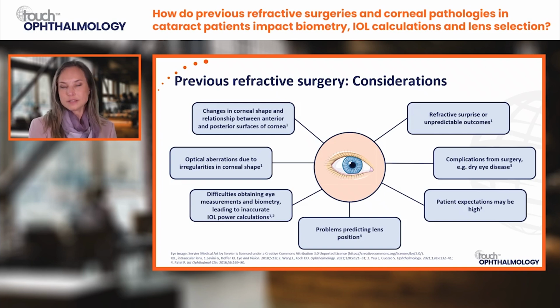And refractive surgery can induce some high-order aberrations. For example, if someone had myopic LASIK, we tend to see increased positive spherical aberration. In post-hyperopic LASIK, it's the opposite. We usually see negative spherical aberration and some coma from decentered ablations.